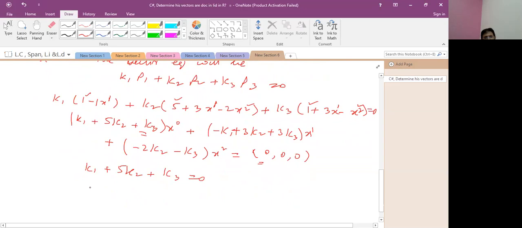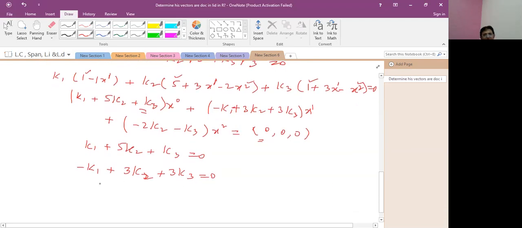Now the second one is minus k1 plus 3 times k2 plus 3 times k3 equals to 0 and minus 2k2 minus k3 equals to 0.